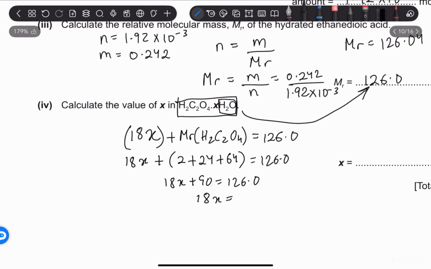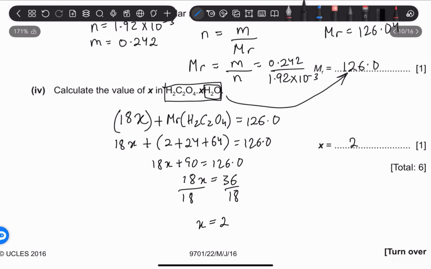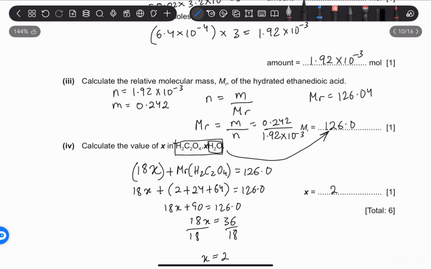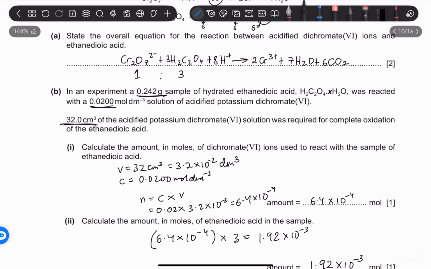We will have 18x, which is 36, and so we can divide both sides, and what we're going to be left with is 2. So x is 2, and that is how to solve questions related to these hydrated sort of compounds.